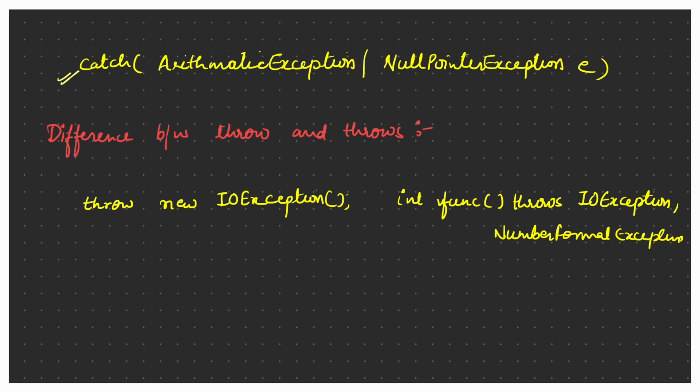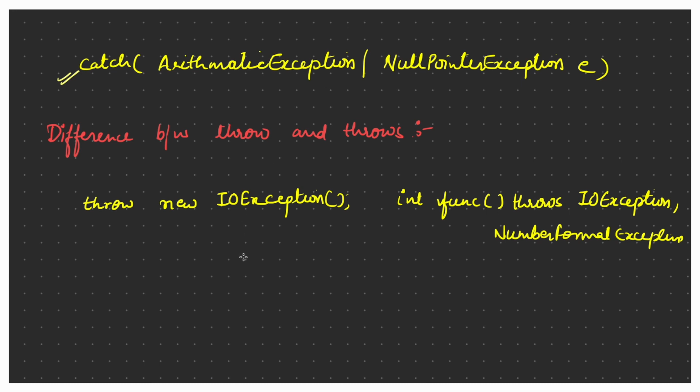From these two statements, we can see that the throw keyword is a statement which is used inside a method definition or a block to throw an exception. It can be used to throw any exception, not just IOException. Whereas the throws keyword is used with the method signature.